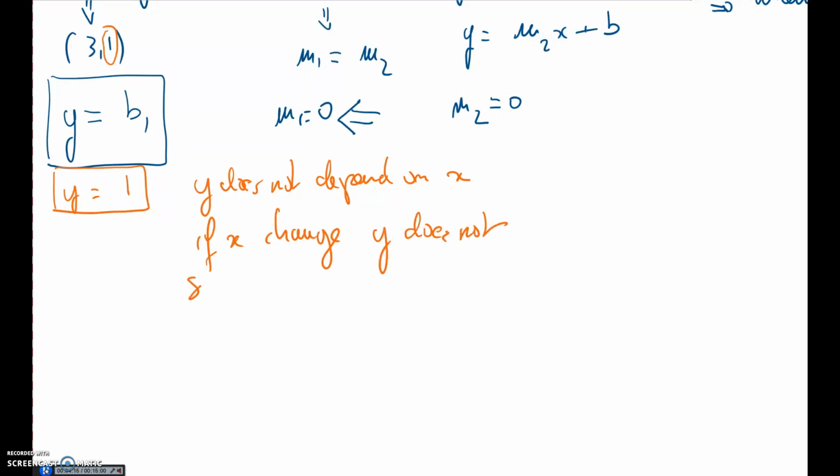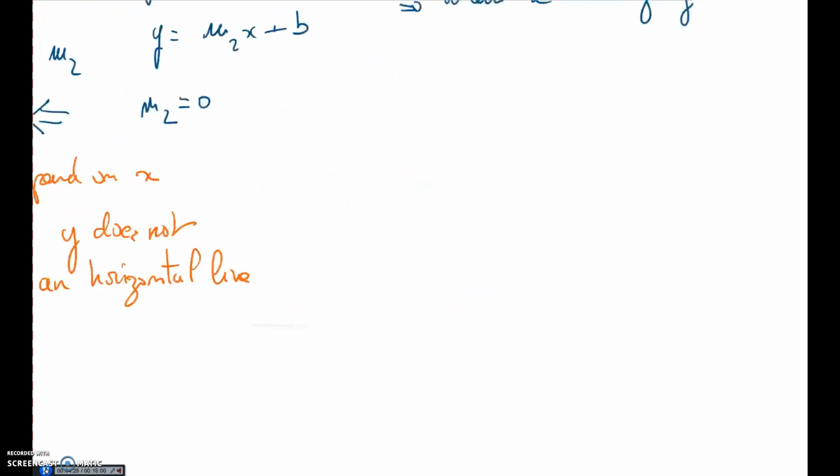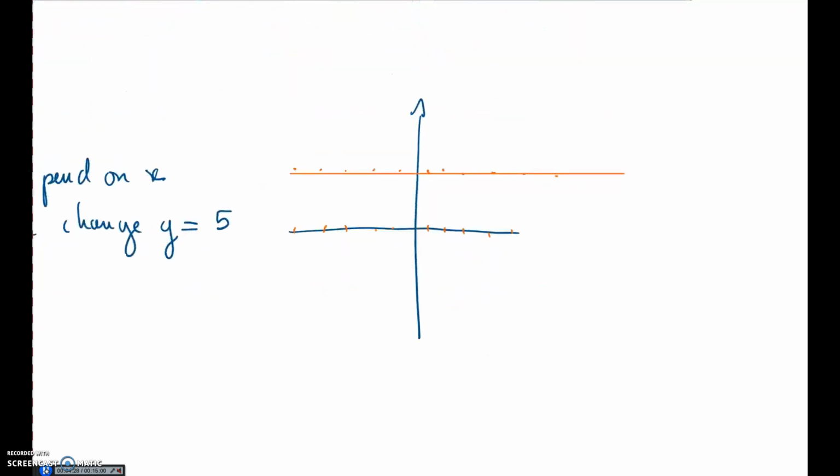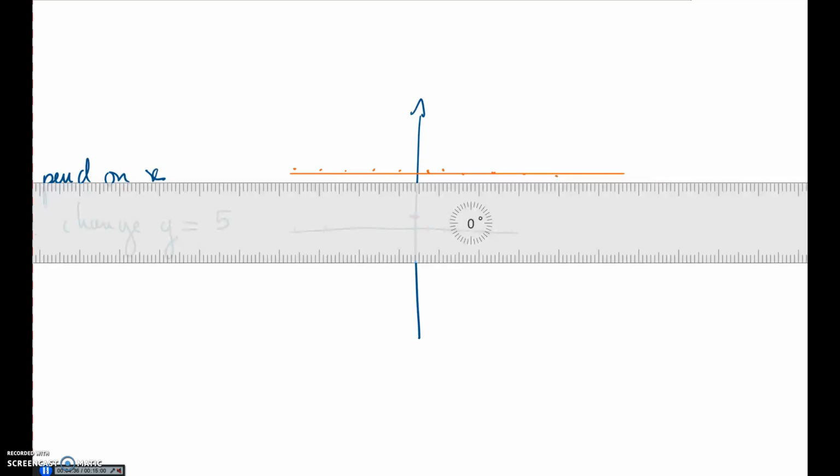So I have a horizontal line. And I'm expecting to have a horizontal line. And this horizontal line, by the way, is at 1.